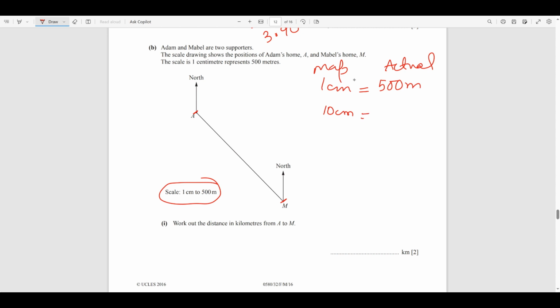Because this 10 is on the map, you write it under the map and the actual is missing. You don't have to do the unit conversion because 1 centimeter is basically representing 500 meters, so the units won't matter. 1 times x is x only, and 500 times 10 is 5000. So basically it's 5000 meters.